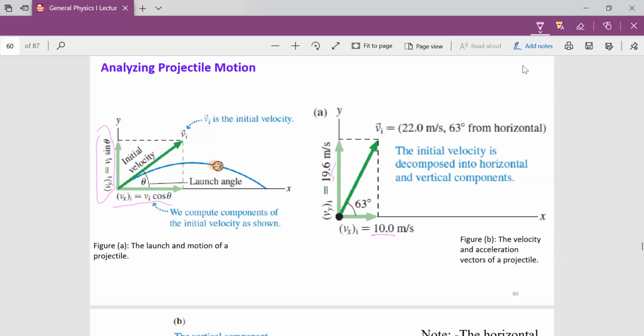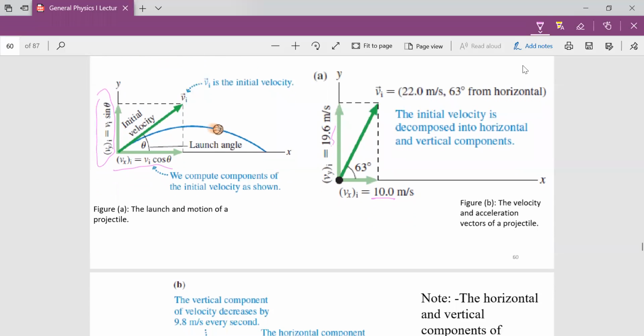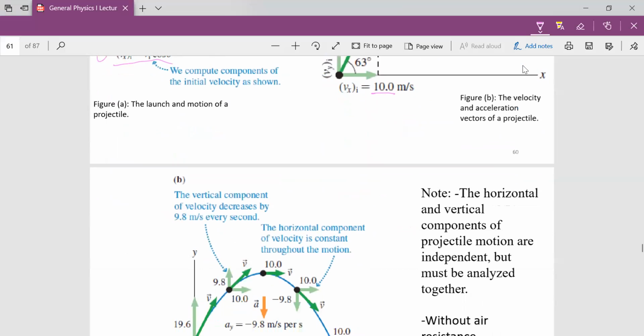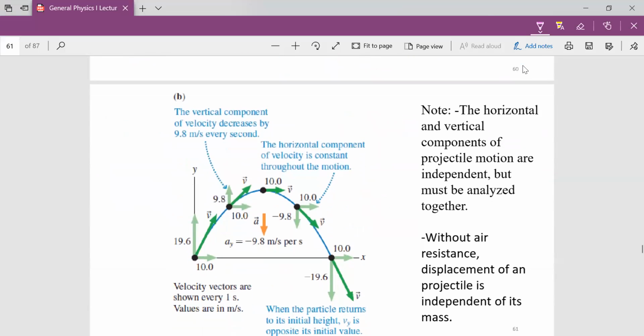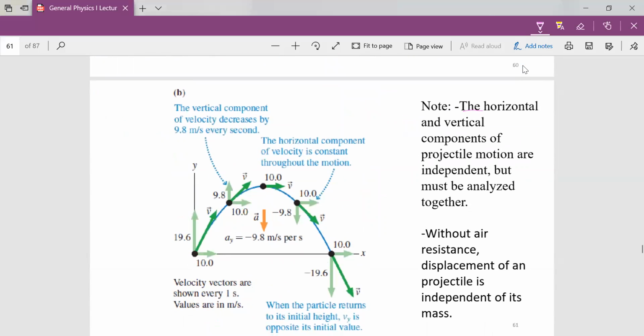But we should also note that for any object under projectile motion, the velocity on the x-axis, when you decompose it, even when you know the velocity of launch, is going to be different from that of the y-axis, okay? We keep emphasizing this.